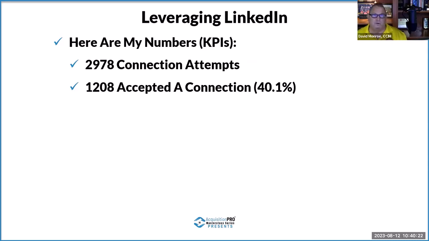And so these commercial real estate brokers, other than having those 4 little letters after my name, CCIM, have no clue who I am. Most commercial real estate brokers stay within their own little markets. So the fact that I got a 40.1% connection ratio was huge. And I didn't have to do any of it. All I did was set it up. Let Linked Helper do the whole thing.